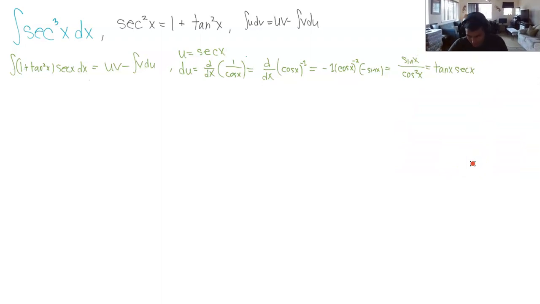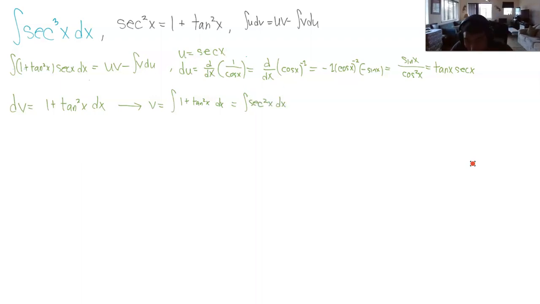Okay, well, we're not done. What's dv? Well, dv must be 1 plus tangent squared x dx. So if we want to find v, then we integrate, right? So v is equal to the integral of 1 plus tangent squared x dx, and this we know is equal to the integral of secant squared x dx.